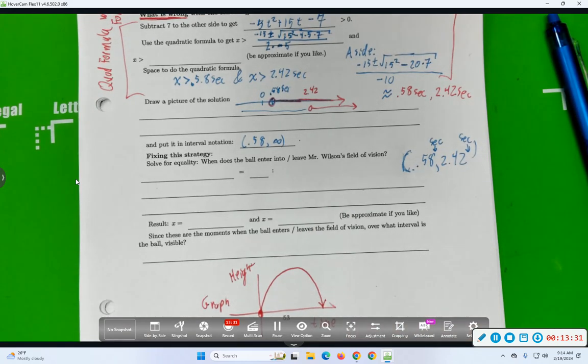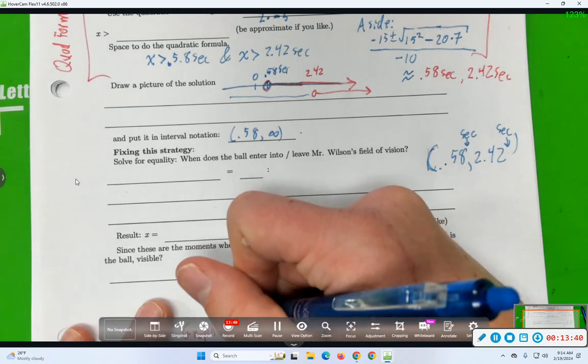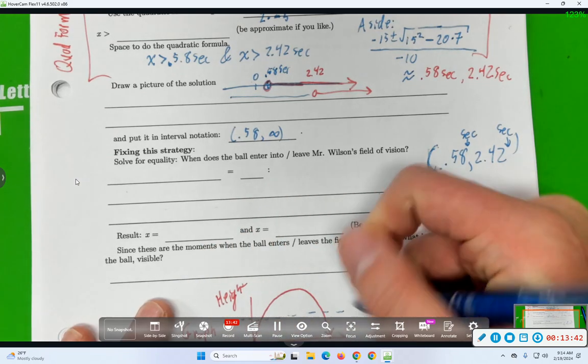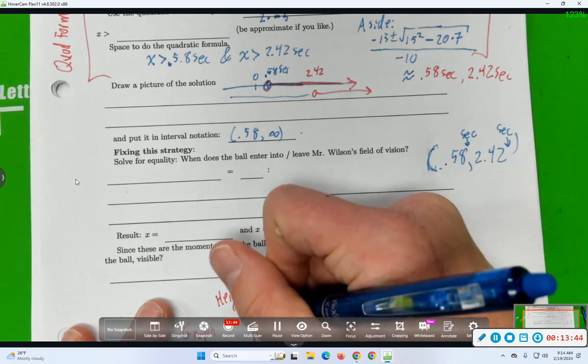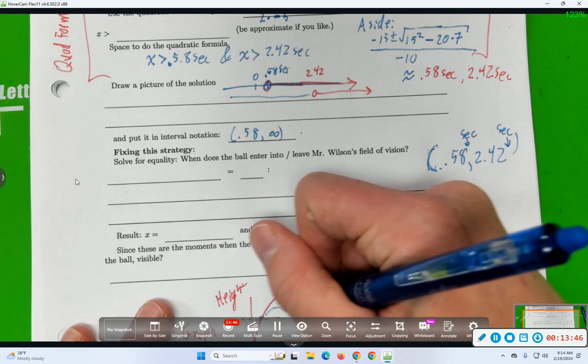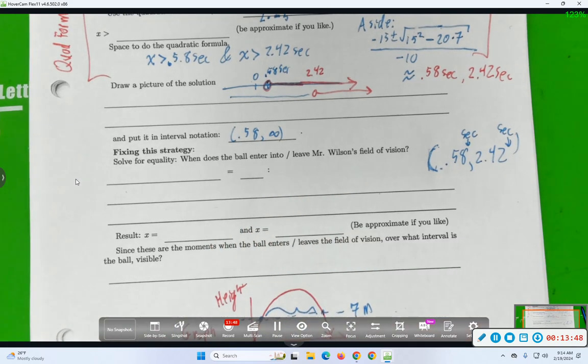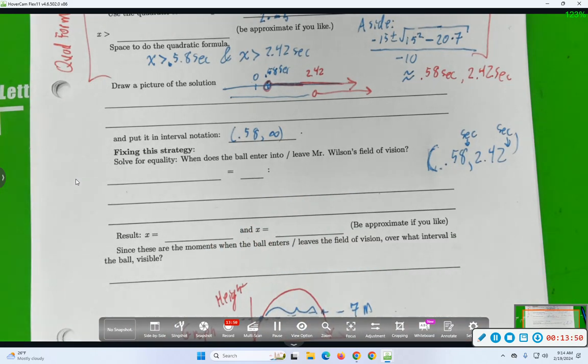You throw the ball, it goes up for a while, it gets to that vertex point, which we could compute if we wanted to, but I don't want to, and then comes back down. There's this height of 7 meters. It looks like all the times between are the solution to the inequality. That feel reasonable? All right, so we have a strategy.